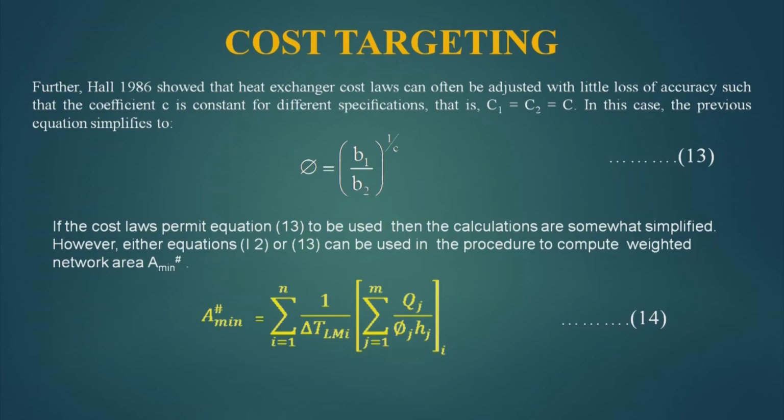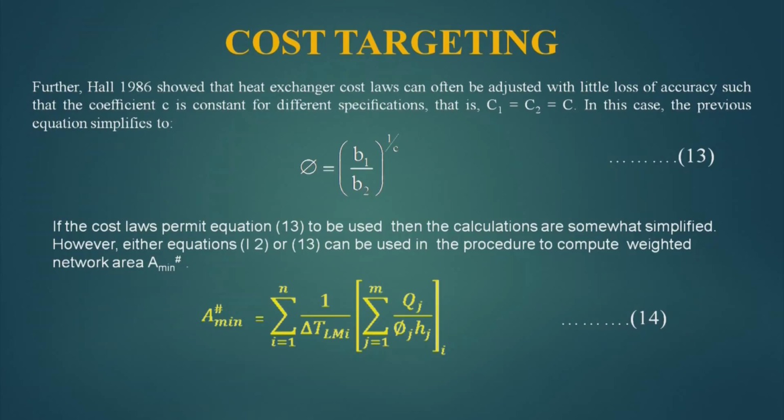When I say specification for different materials, that is, C 1 is equal to C 2 equal to C. If it is so, then the previous equation simplifies to phi is equal to B 1 by B 2 to the power 1 by C. If the cost law permits equation 13 to be used, then the calculations are somewhat simplified. However, either equation 12 or equation 13 can be used in the procedure to compute weighted network area A minimum hash.